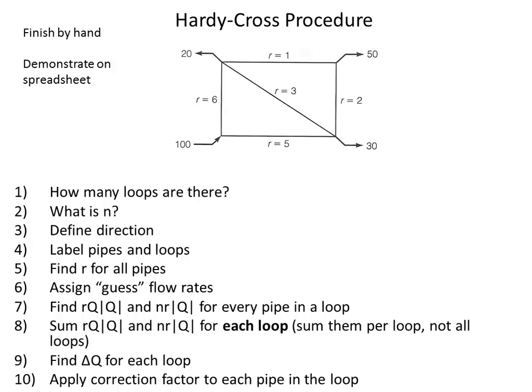And our initial guess of flow rates was that in pipe 1-4, we'd have 50, and 50 would go that way. In pipe 3-4, 50, and 1-3, 15, 15, 35.